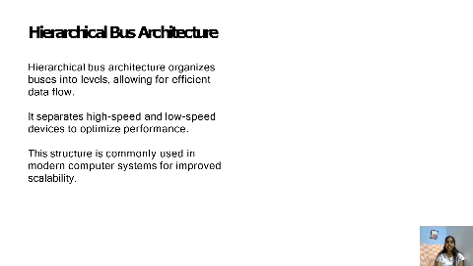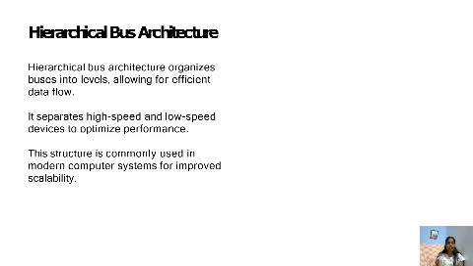And the last one is hierarchical bus architecture. Hierarchical bus architecture organizes buses into levels, allowing for efficient data flow. Here we have levels of buses like level 1, level 2, level 3.